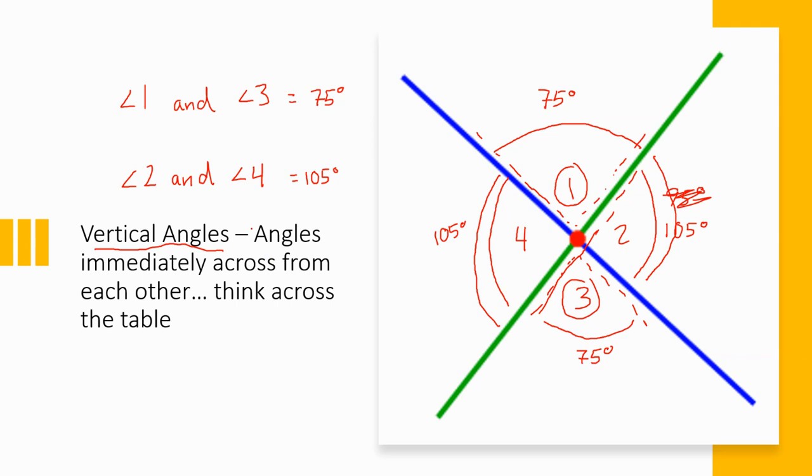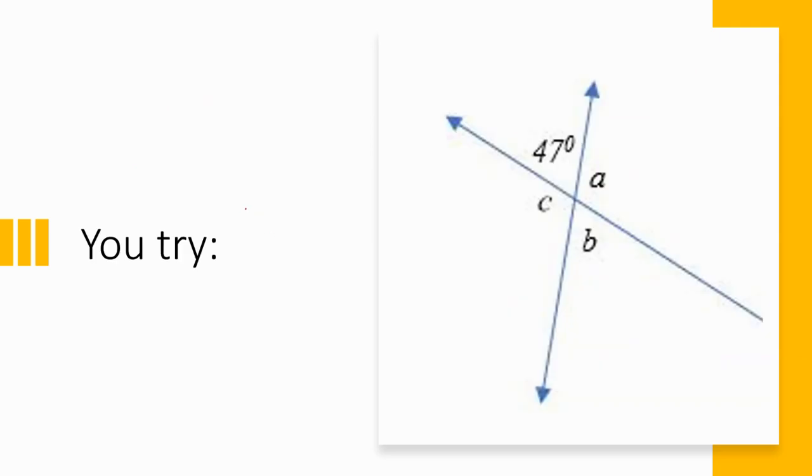I want you to try one. So first, name the vertical angles based on their letters here. You should have said angles A and C are vertical because they're exactly opposite each other, or across from each other if that was the center of the table. Great. How much is angle B?